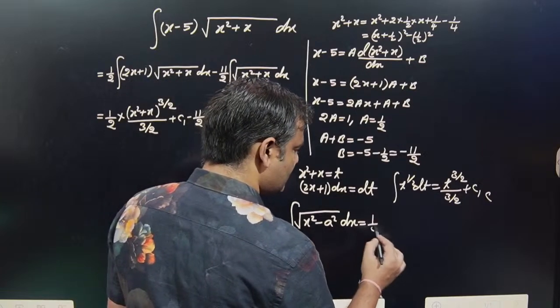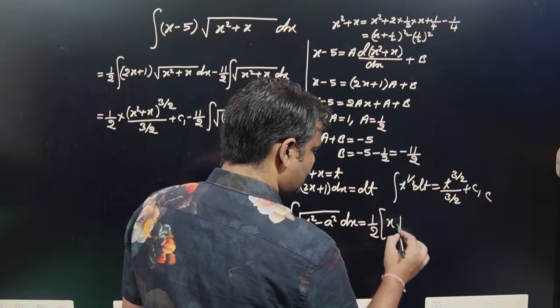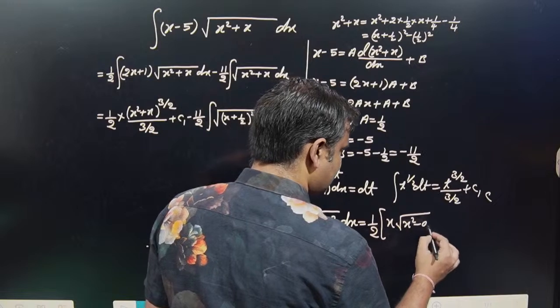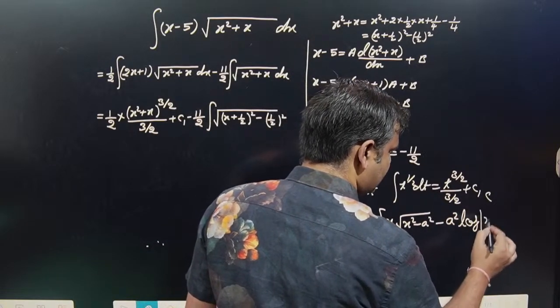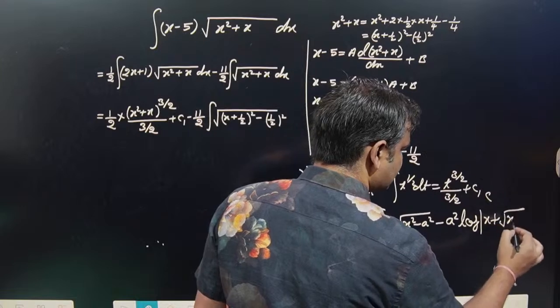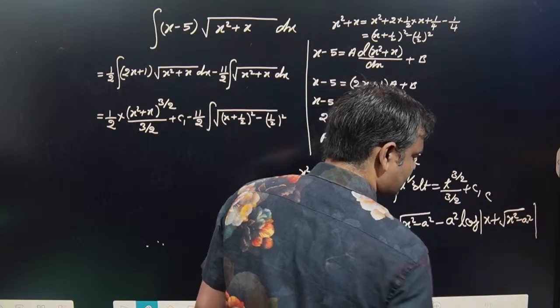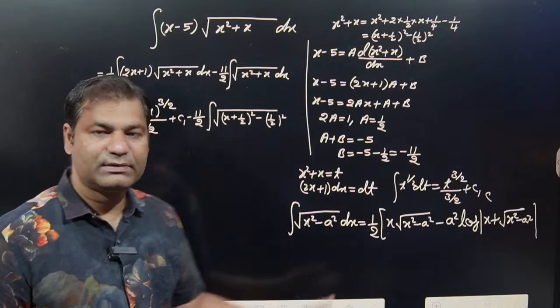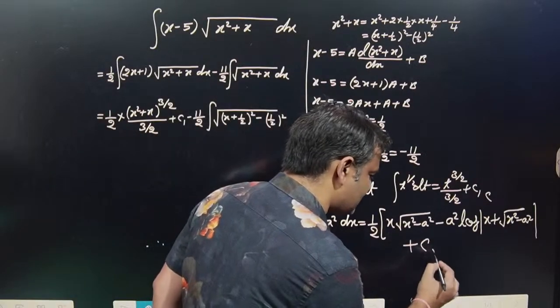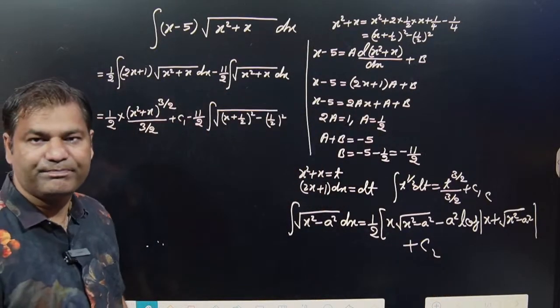It is 1 by 2 into x under root x square minus a square, minus a square by 2 into log of mod of x plus under root x square minus a square. Okay, so basically that is the formula, plus a new constant c2 or c1 or c, whatever.